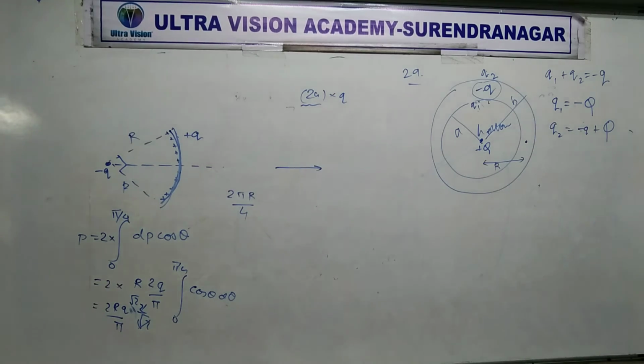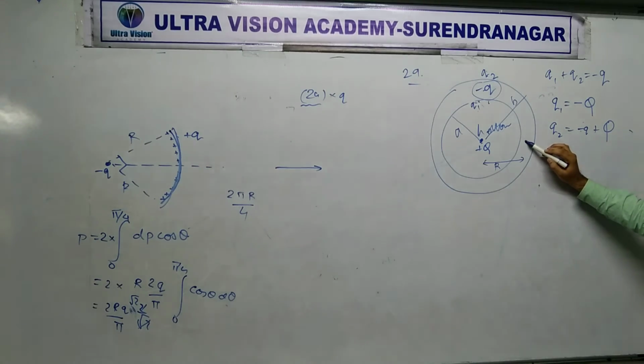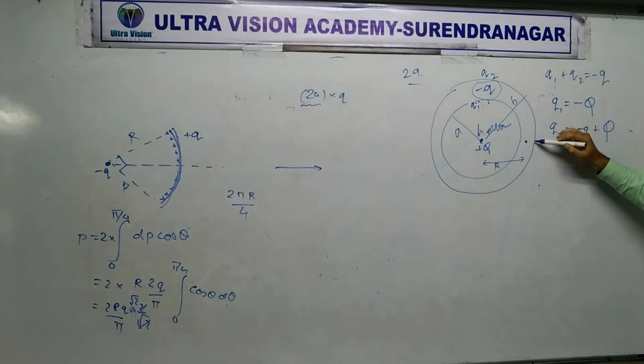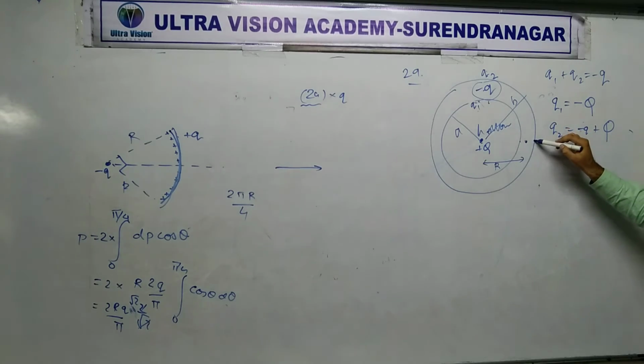Then we have to find what is the potential at that point. Is this point in the hollow part or is it in the body? Body. All points of the body of a conductor have the same potential as the surface. Sure? Yes. So you can take it here or here, everyone's answer will be the same. If it is not the same, there is a problem.